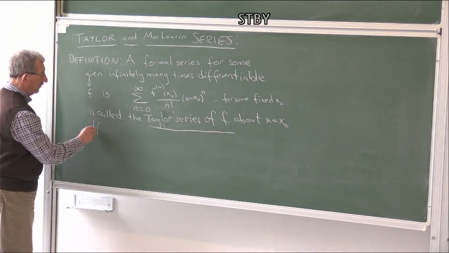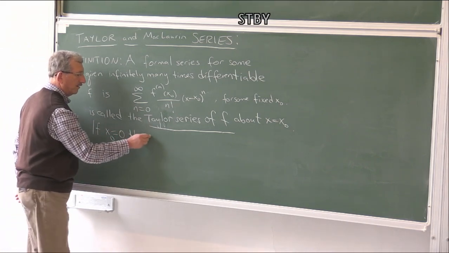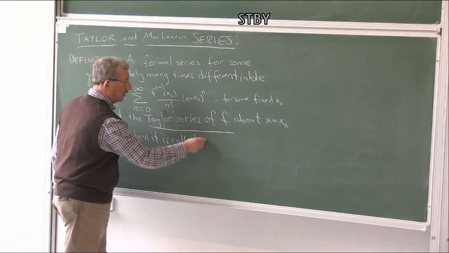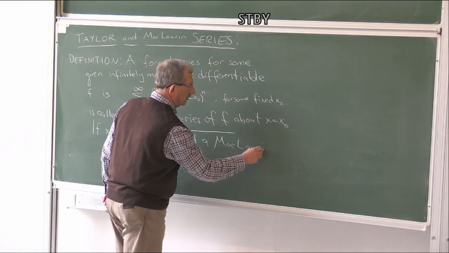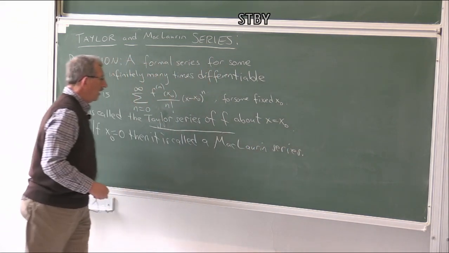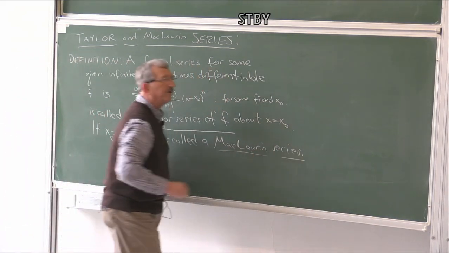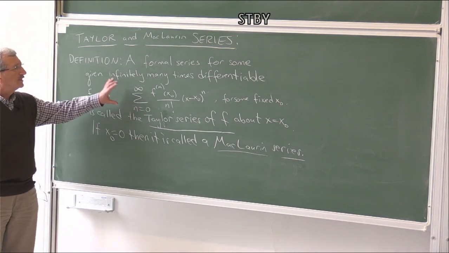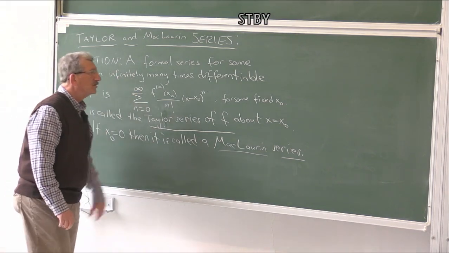Now, if x0 is 0, then it is called a Maclaurin series. Because a Maclaurin series is a special form of a Taylor series, we will in general call such a series a Taylor series.